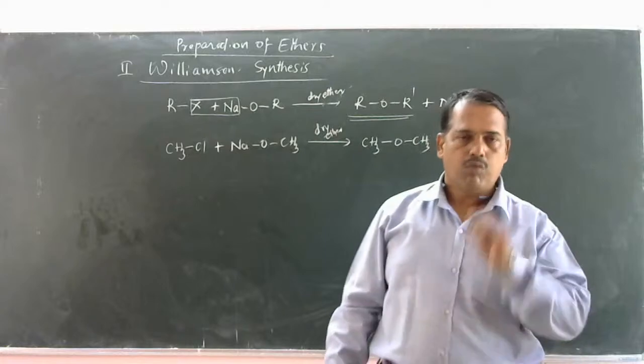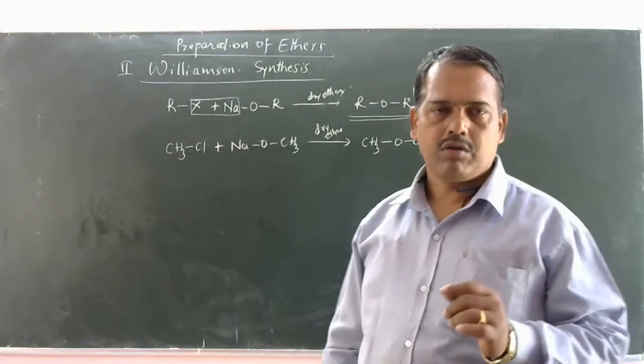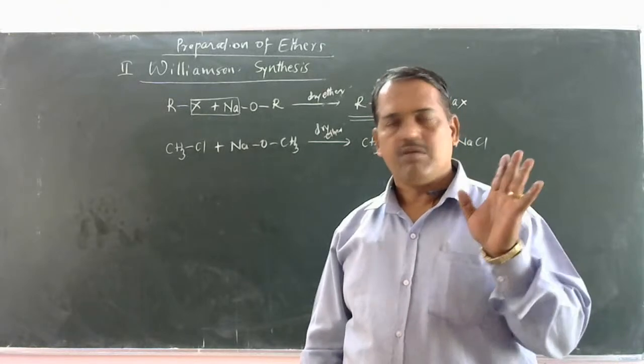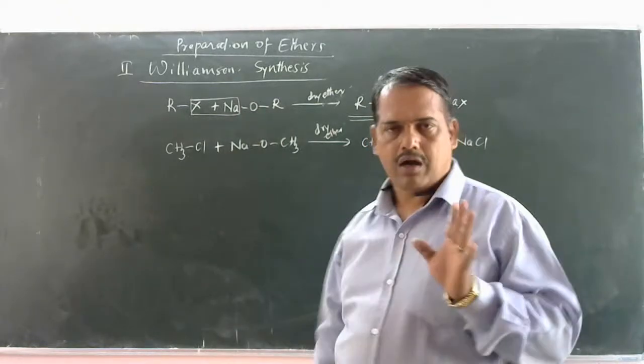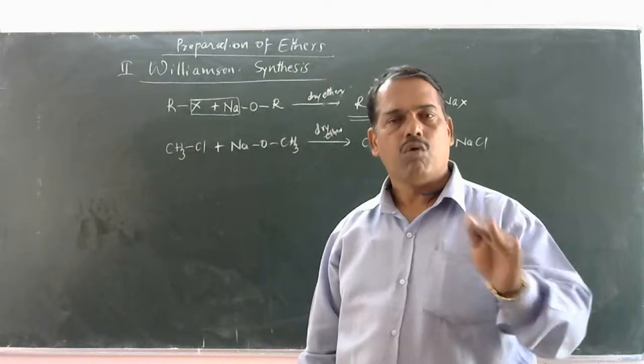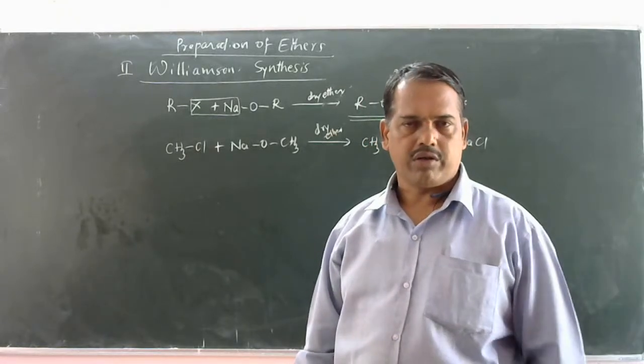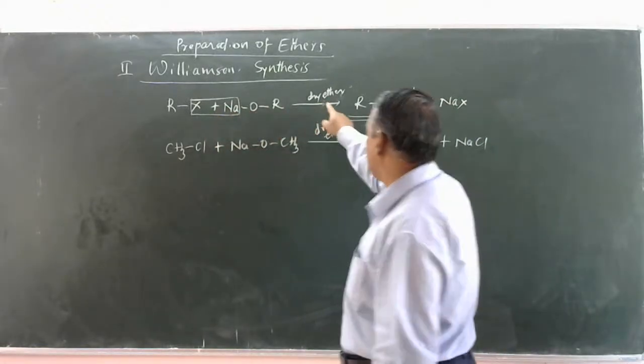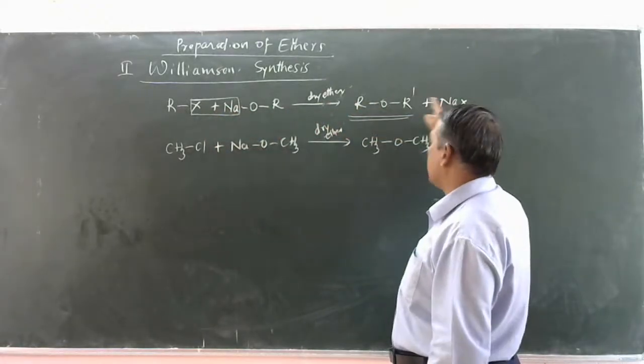See, what are the reactants? The reactants are alkyl halide RX and sodium alkoxide. They react with each other, and RX plus NaOR in dry ether will give an ether.